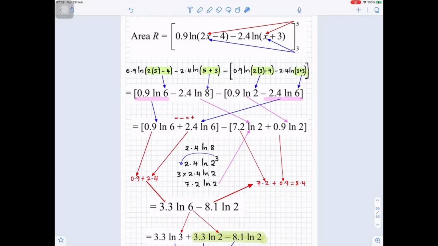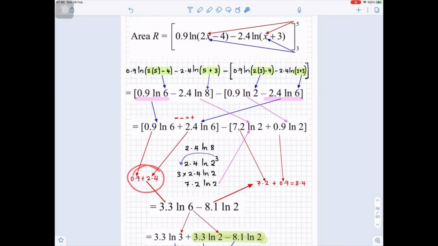And then you do the same: 0.9 ln 6, minus 2.4 ln 6, and so you will get 0.9 ln 2, 2.4 ln 8.